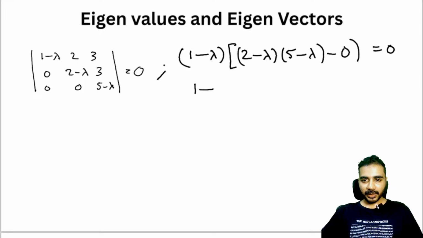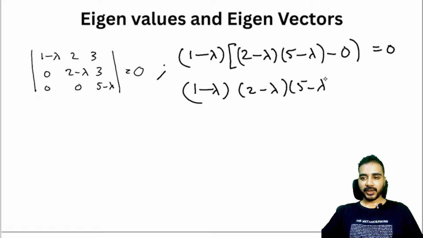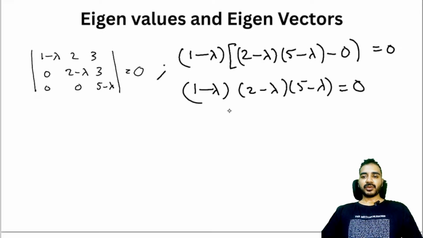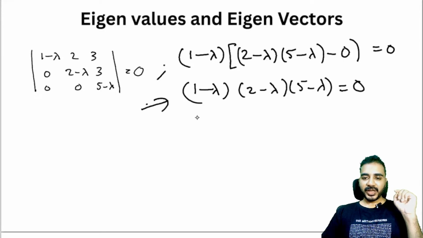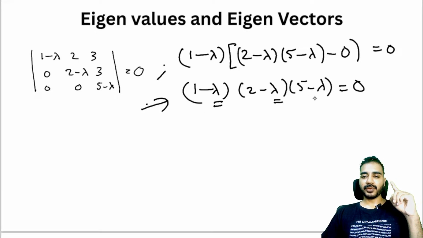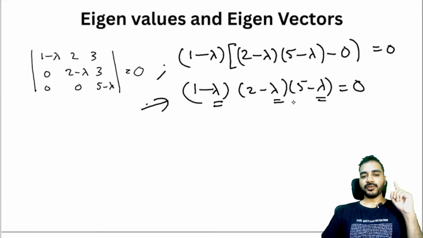So this can be written as (1 minus lambda)(2 minus lambda)(5 minus lambda) equal to 0. This equation is called the characteristic equation. By solving this characteristic equation, we will get the values for lambda. These are called the eigenvalues of this matrix.